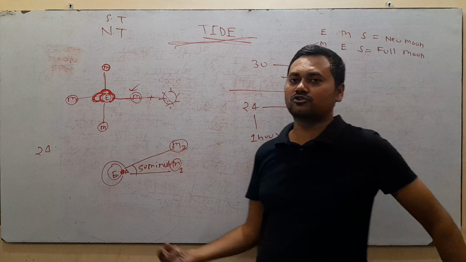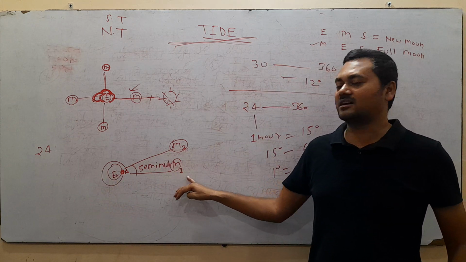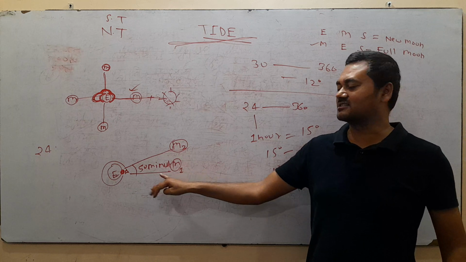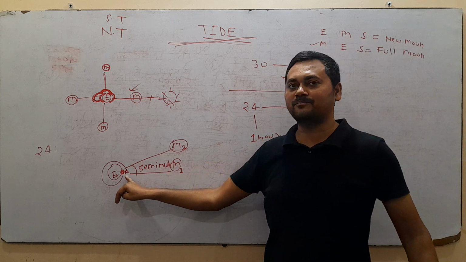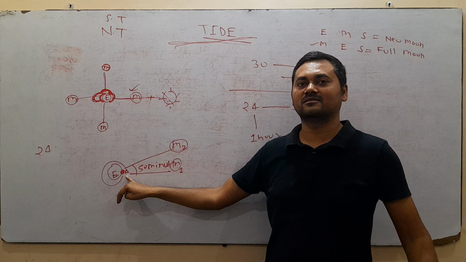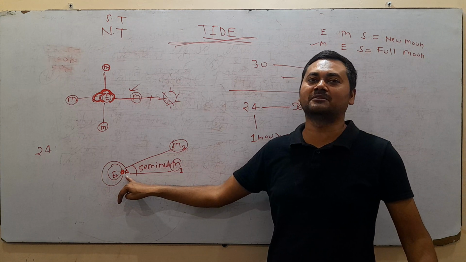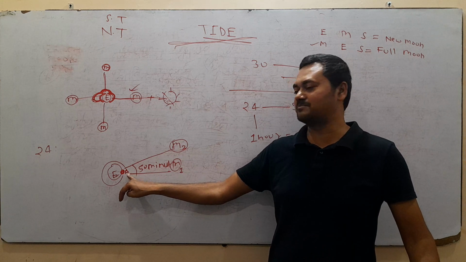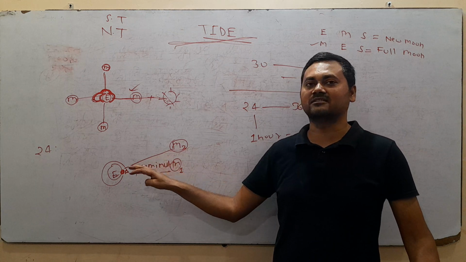The main thing you need to keep in mind is that in 24 hours, as the moon is not stationary, it also covers some distance, and that distance is 12 degrees. Therefore the place A also has to cover the 12 degrees, then only this place can come exactly under the sun.